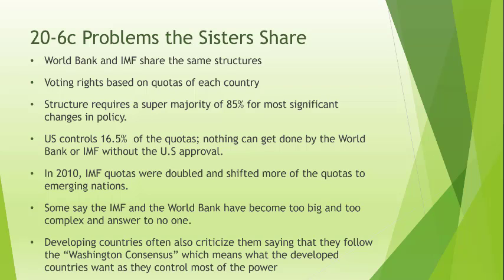So some say the IMF and the World Bank have become too big and too complex and answer to no one. Developing countries are very wary and accuse the sisters, accuse them both of following what is called the Washington Consensus, which means that the developed countries get what they want, as they control most of the power.